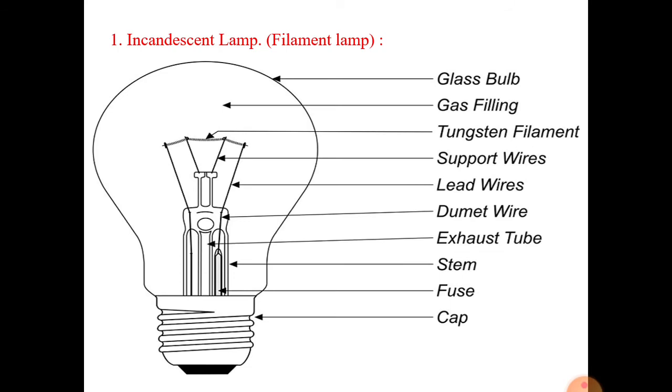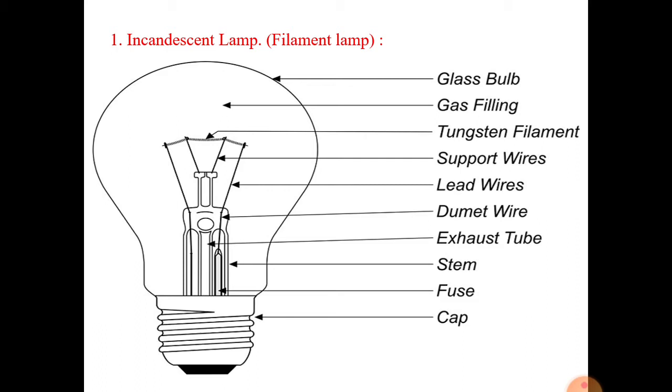The construction of the incandescent lamp is shown in this figure, which has different parts. First we will see the glass bulb, which is used for mechanical protection of the bulb and for the atmosphere. Then the second one is gas filling. As I told you, the incandescent lamp is classified into two types: gas filled and vacuum filled.